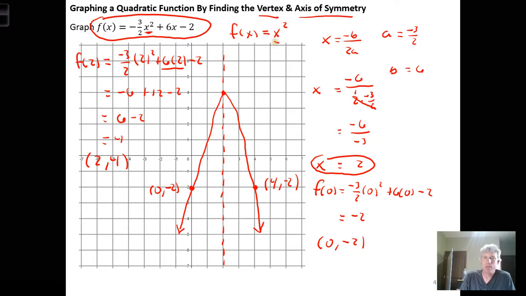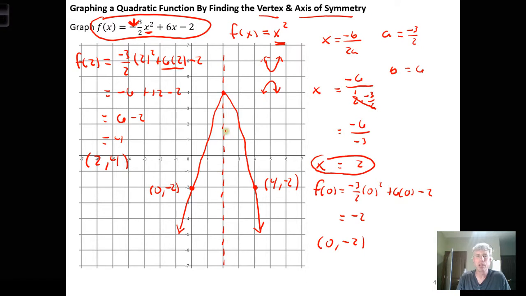This is the function family, or toolbox function, for all quadratic functions. We know that the function family x squared opens up, and to get it to open downwards, we need to reflect it over the x-axis, and we do that by adding a negation. So when we see that negative sign in front of it, we expect the parabola to be reflected downwards from our toolbox function topics that we went over.